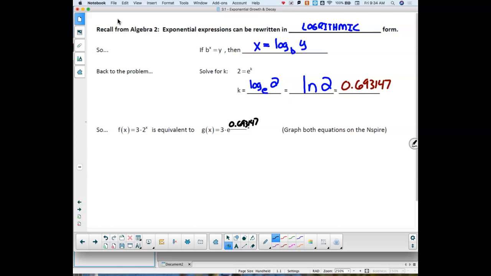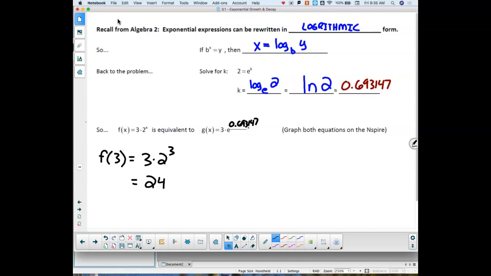One, I can test some points, and I could say that f of 3 would be 3 times 2 cubed. 2 cubed is 8 times 3 is 24. So f of 3 should be 24.